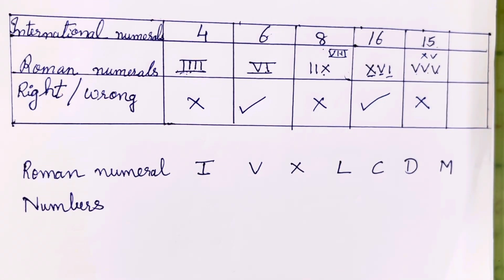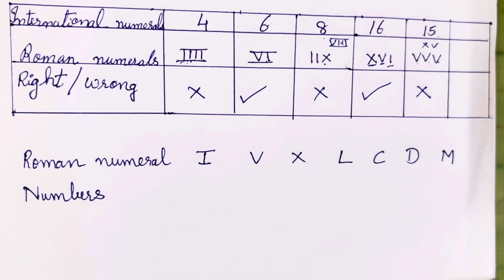Now let's move on to the Roman numerals and numerals. So this is I, V, X, L, C, D, M. Roman numbers we have learned till 20, but there are a few that we have to understand while solving bigger numbers. So you have to understand which numerals represent bigger numbers.